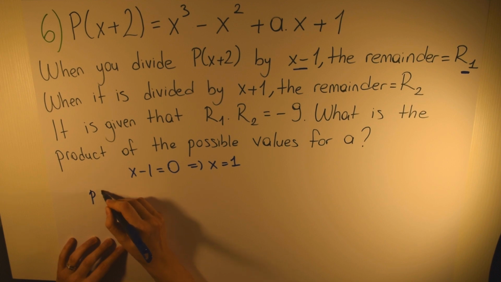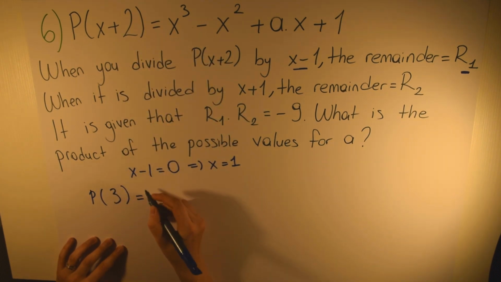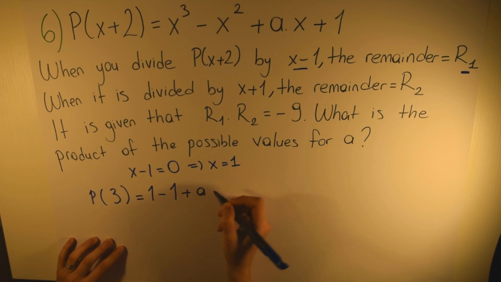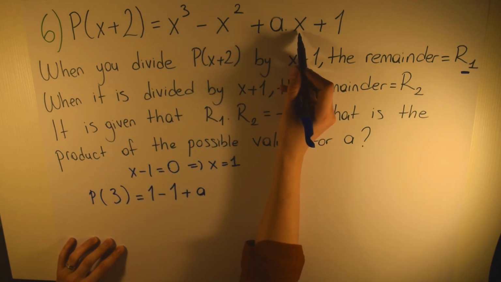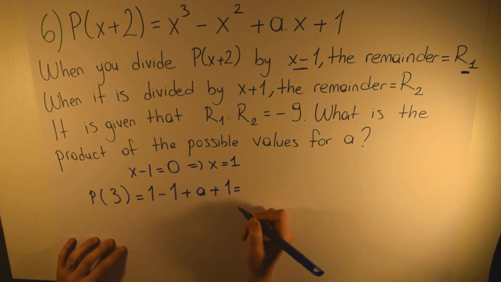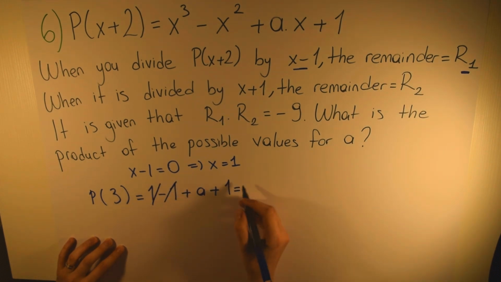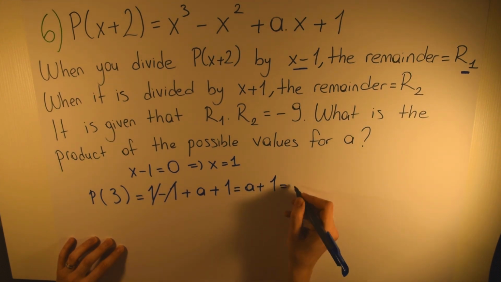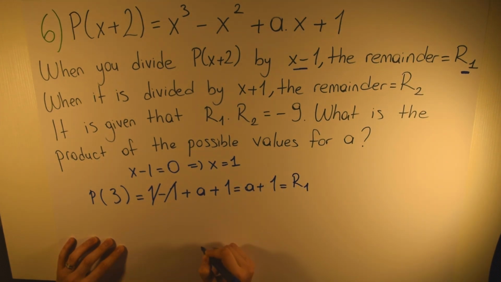When I put 1 here, I will get p(1) is equal to 1 to the power of 3, it's 1 minus 1 plus a, because when you multiply by 1, you will get a, and plus 1 is equal to, this will cancel out, and I will get a plus 1, right? Which is equal to r1.